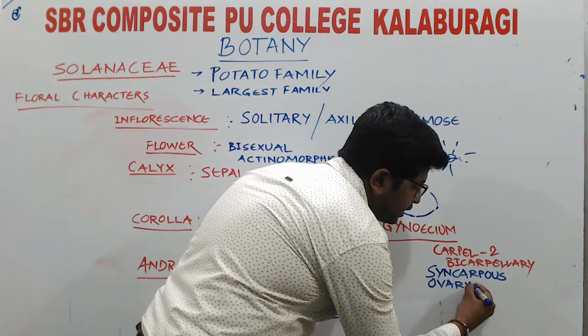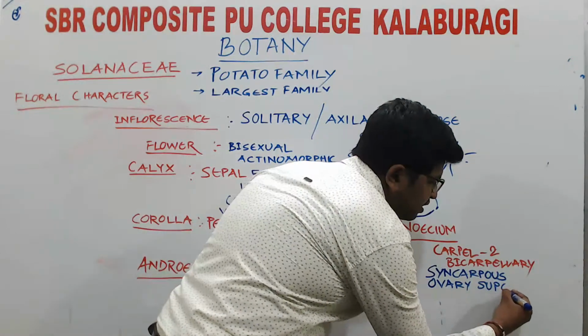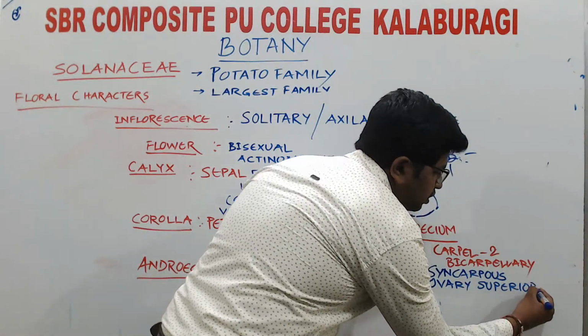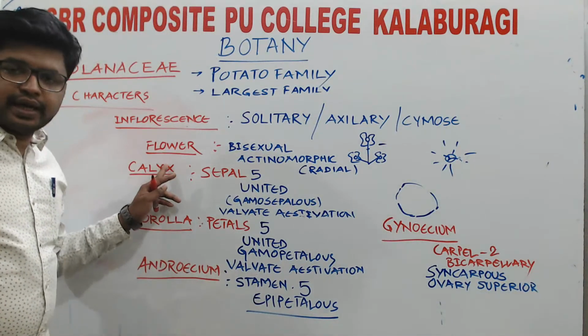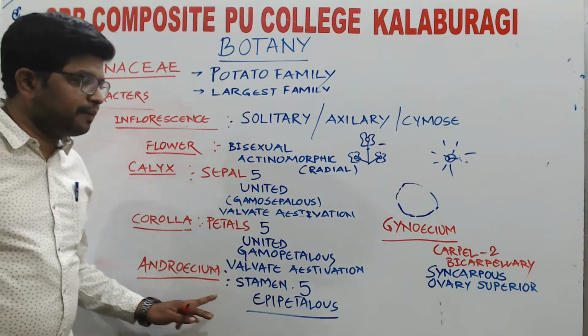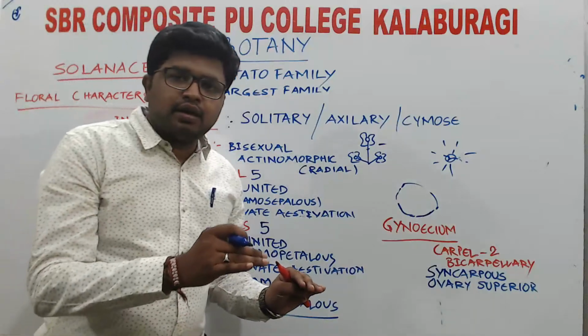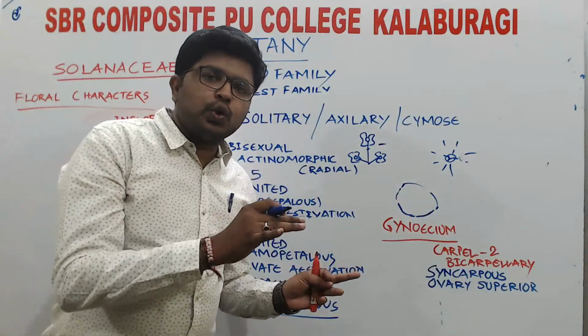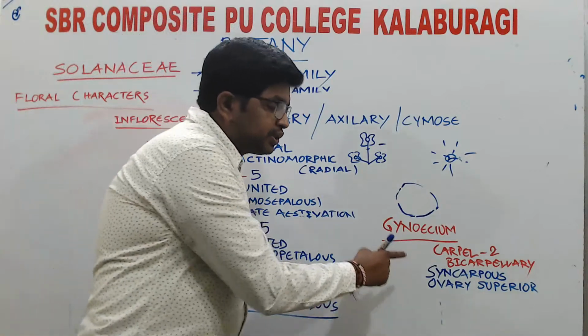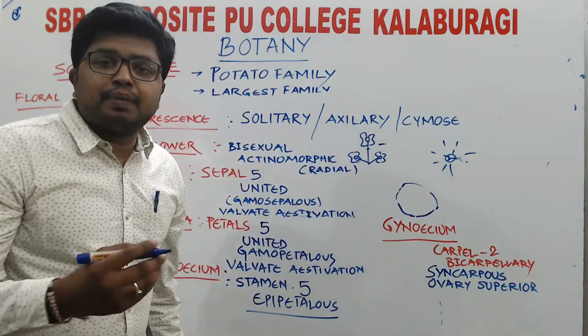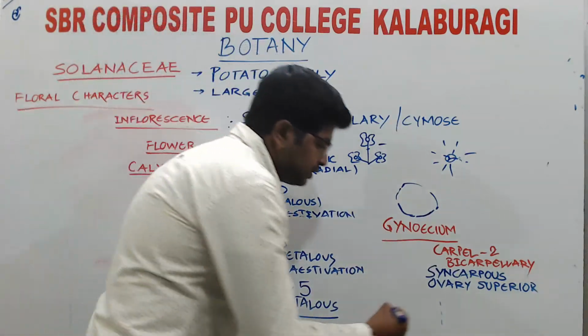Ovary superior, meaning what? The calyx, corolla, and androecium are situated below the ovary. That is ovary superior. Syncarpous, ovary superior. And placentation. What kind of placentation?